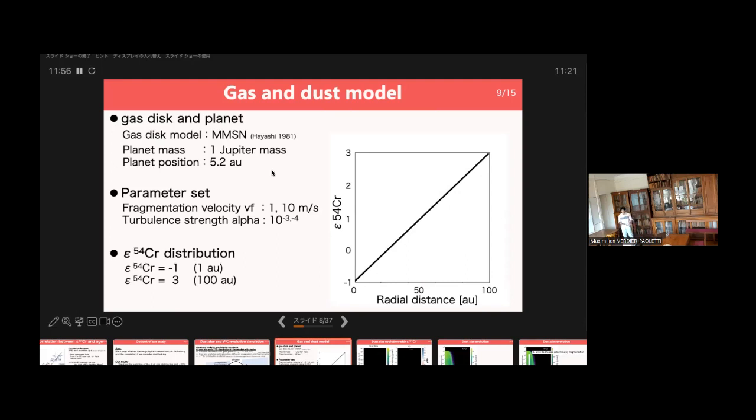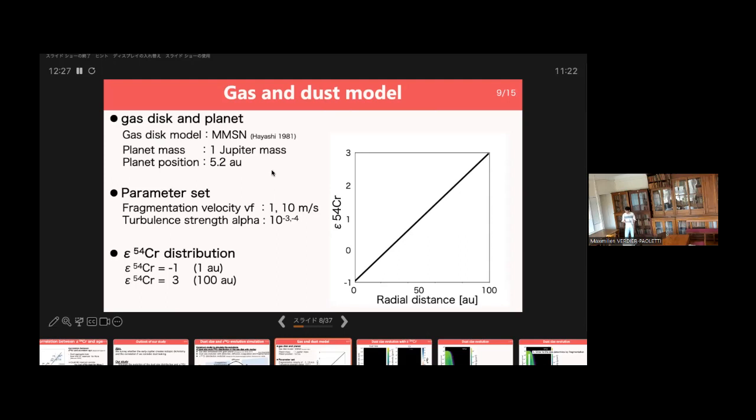The compiled data suggests that epsilon 50 chromium value for non-carbonaceous chondrite is high, and this paper shows that epsilon 54 chromium for non-carbonaceous chondrite is less than 2.